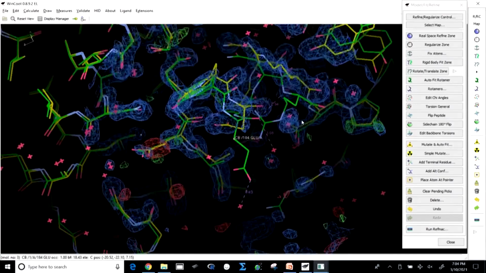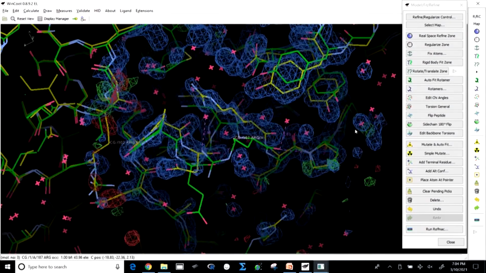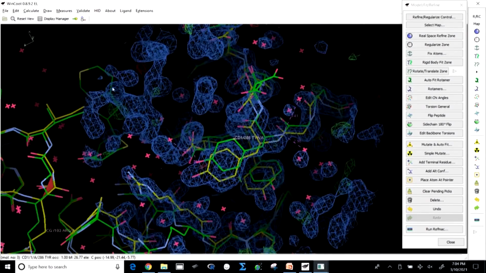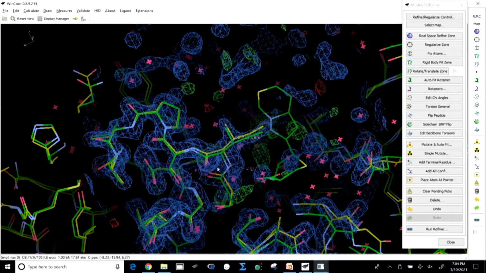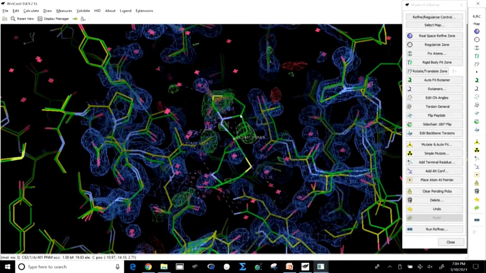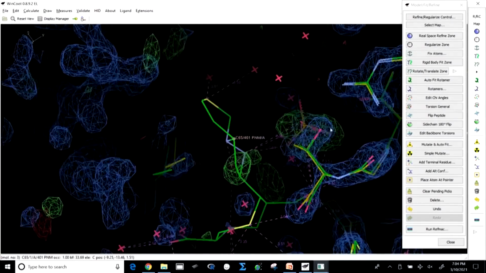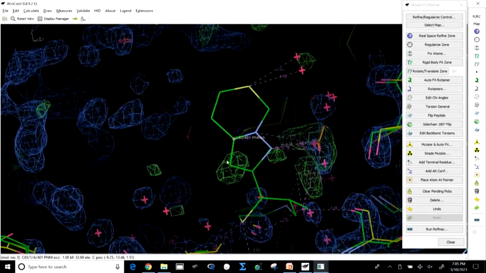The differences are because of the small movement of the amino acid side chains because of the complex formation. So, let us look at how the protein interacts with the substrate. This is the substrate. If you remember, I told you, this is the 7-membered ring.